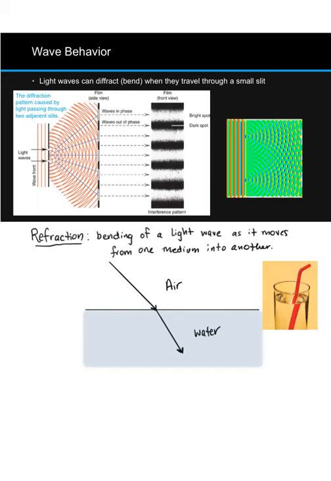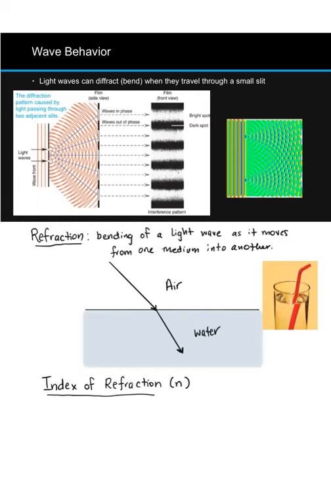The amount of change, how sharply this wave bends as it passes from one medium into another, is dictated by the refraction index, or index of refraction for a material. All materials have some index of refraction. It tells us how sharply they will bend light compared to another medium.